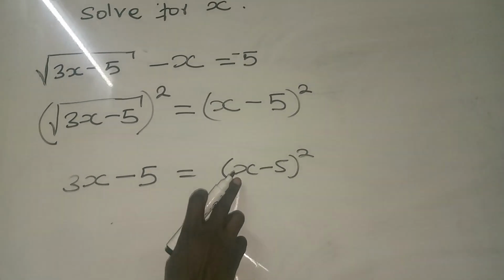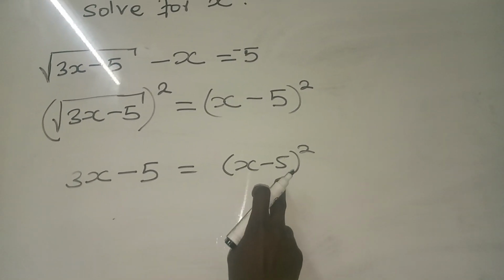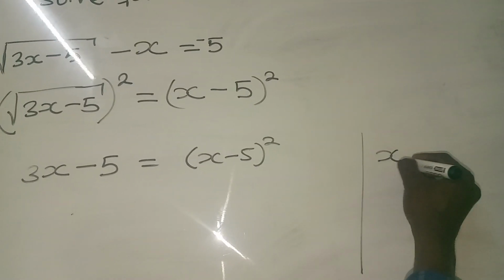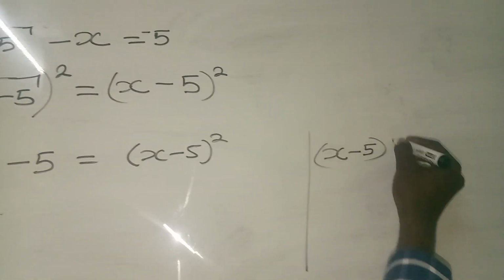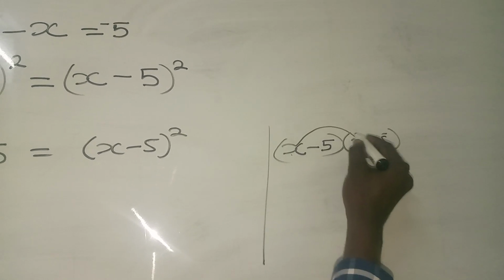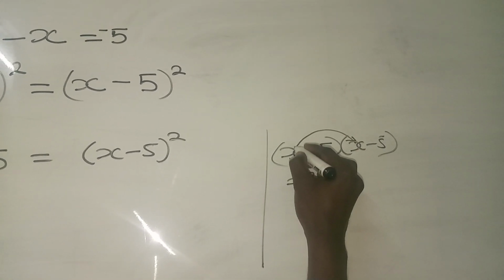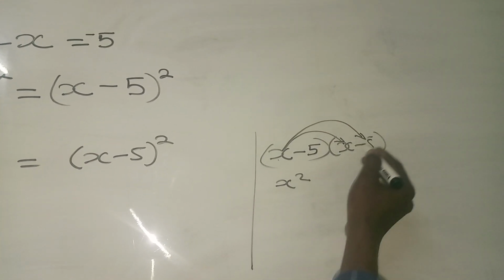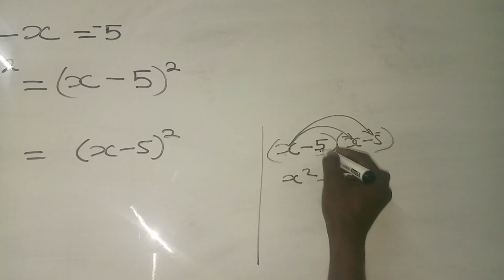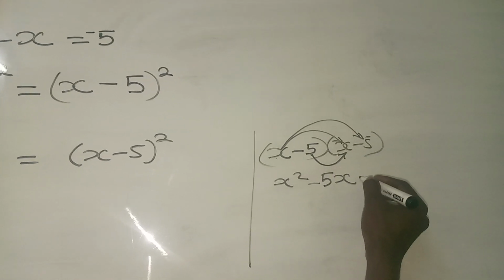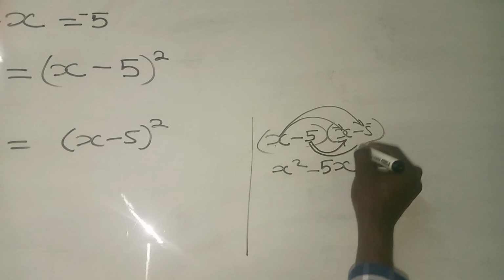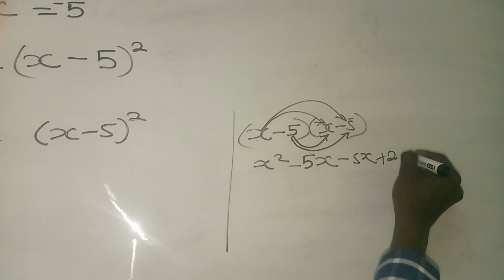Now the task that we have is to expand x minus 5 in brackets squared. You can do this aside and say this is the same as x minus 5 multiplied by x minus 5, whereby x times x gives x squared, then x times negative 5 is negative 5x, then negative 5 times x gives minus 5x, and negative 5 times negative 5 gives plus 25.